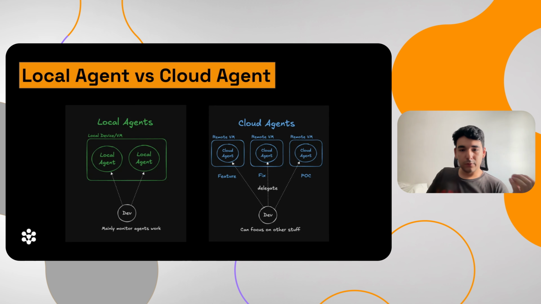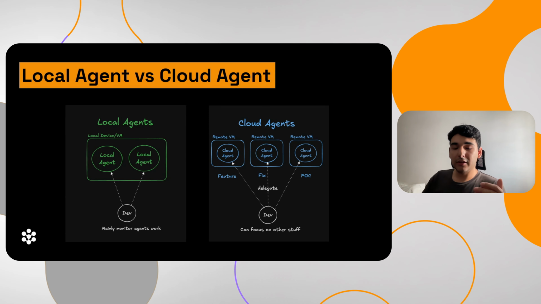Why do this? Well, it has multiple benefits, but basically you are not depending on your device's resources. For example, with a local agent, if you run out of internet connection, the agent simply stops working. And if you want to have multiple agents working, they are going to clash. But this is not the case with cloud agents.